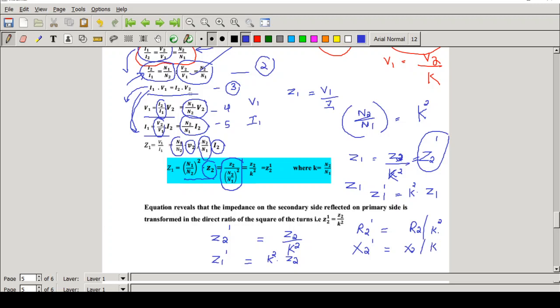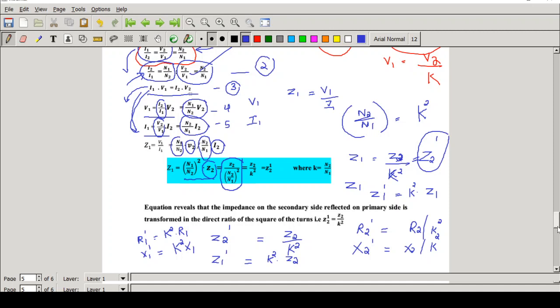Similarly, we can do it for the primary also, that is R1 dash and X1 dash. What will be R1 dash? I'll write it here. R1 dash, that means primary referred to secondary, will be equal to K squared into R1. And X1 dash, the reactance of the primary winding when referred to secondary, will be equal to K squared into X1. So this is how you determine the values for the equivalent circuit.